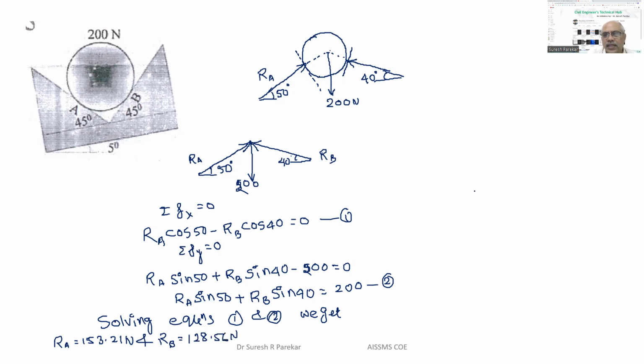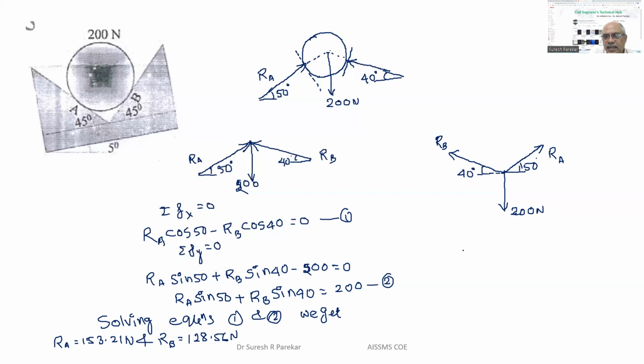Now you can solve this by using Lami's theorem, but you should be very careful with this. You have to show all forces away from the joint. So this will be my RA, making an angle of 50 degrees, and then RB will go on this side, making an angle of 40 degrees.